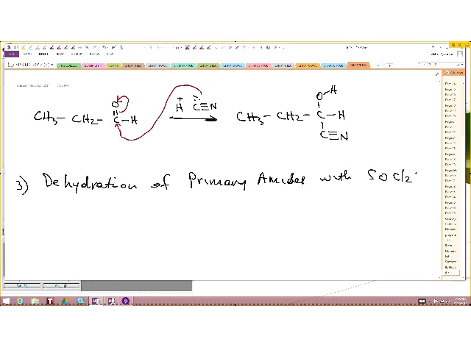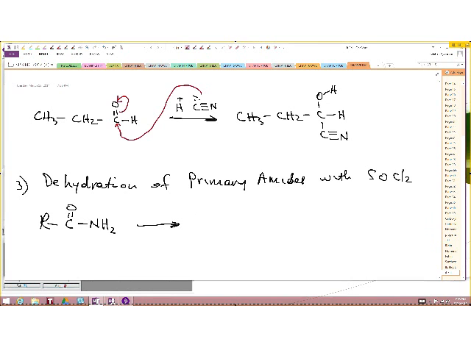So that is another function of thionyl chloride. A primary amide is any molecule in which you have the carbonyl attached to what we call an amino group. And that carbonyl is also attached to either a carbon atom or a hydrogen atom.